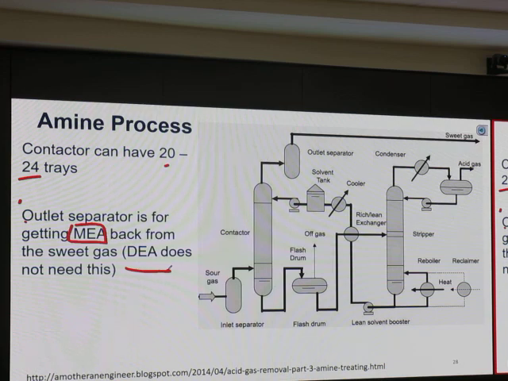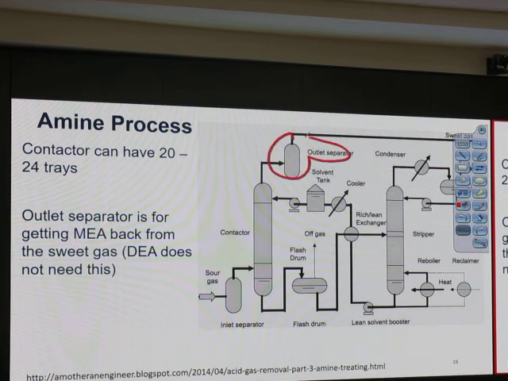Sometimes you see this outlet separator on the top. This means some sweet gas also carries some of the chemical solvent with it. We don't want to lose any chemical solvent, so we may have to have another separator on the top. But DEA doesn't need that.